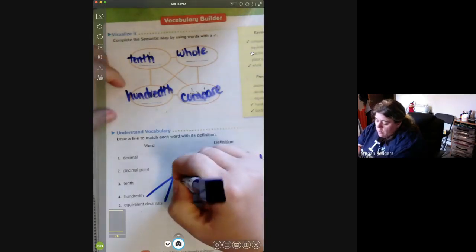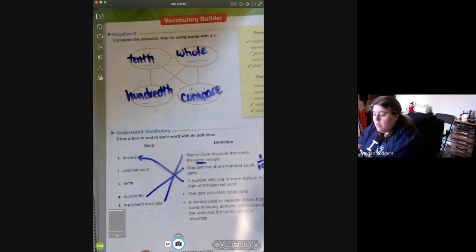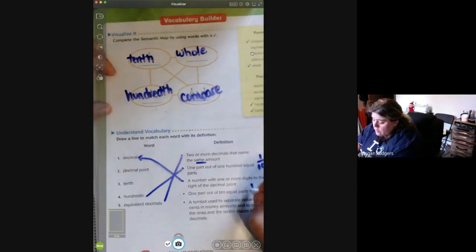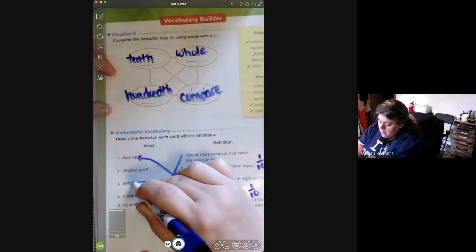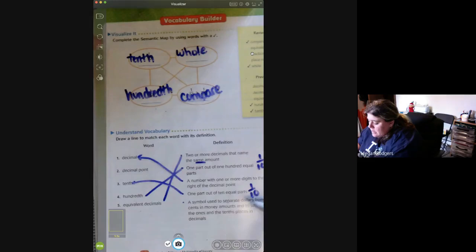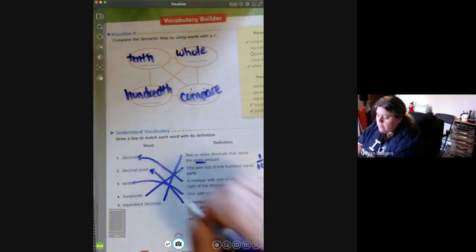That is what we officially call a decimal. 1 part out of an equal 10 parts would be 1/10. And a symbol used to separate dollars from cents in money amounts and to separate the ones and tenths places in decimals. Well, that would be the decimal point.